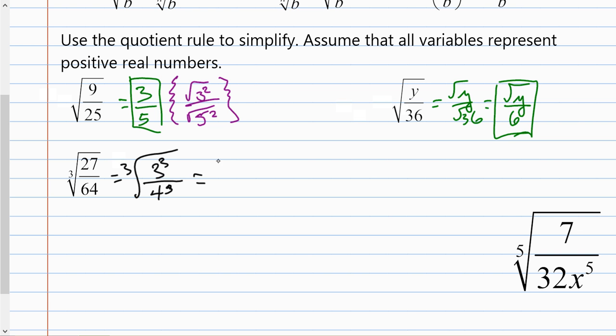So to show what I'm doing, I like to split it up. And then I can sort of show that the index and the power cancel each other out, leaving me with a 3 over 4.